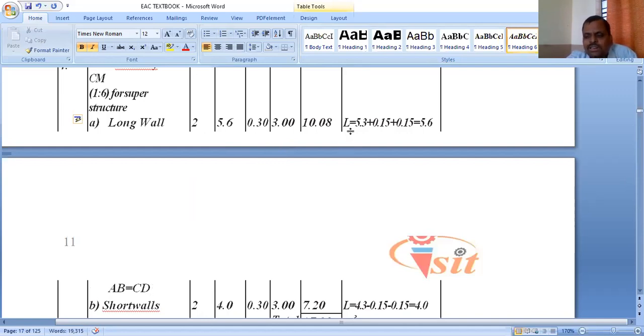We already calculated the center to center distance of the long wall: 0.3 by 2 plus 5 plus 0.3 by 2. It worked out to be 5.3 meter. This is the center to center distance for the brick wall.